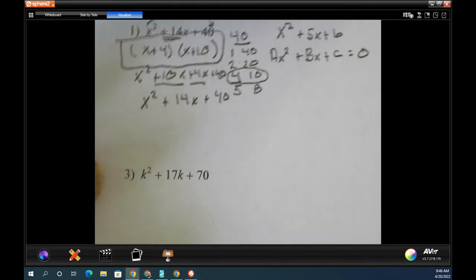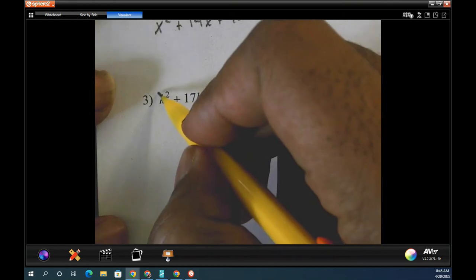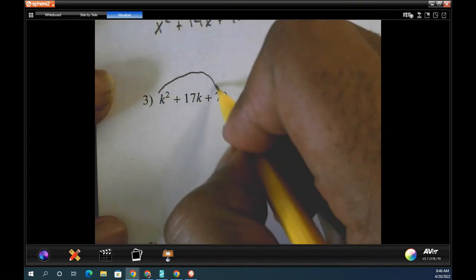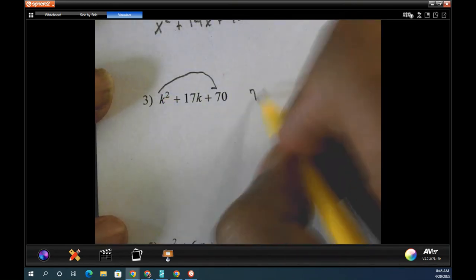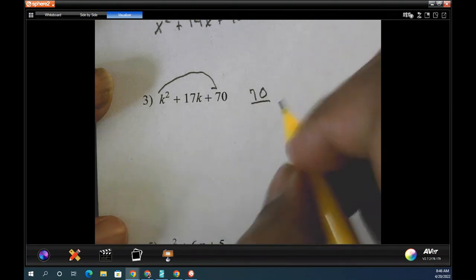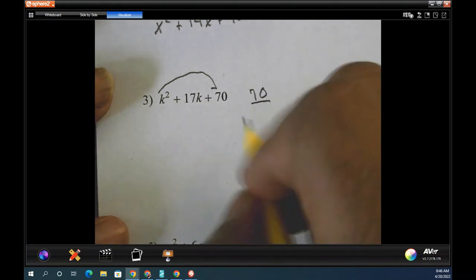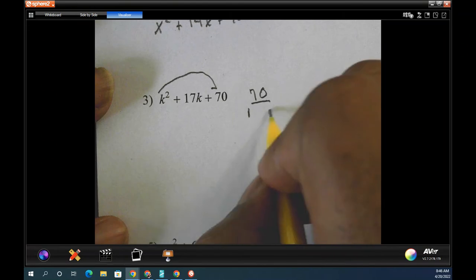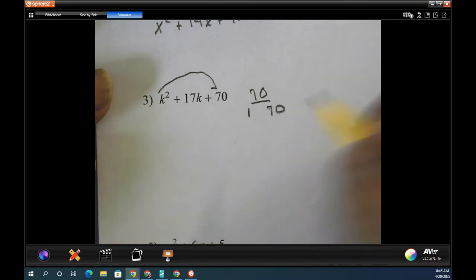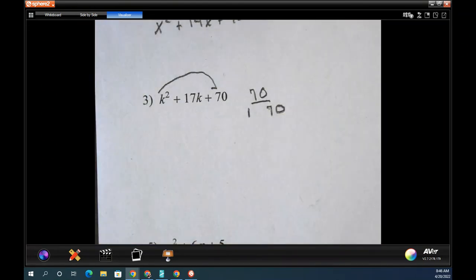Okay, let's look at number 3. The coefficient is 1. 1 times 70. Now, we're going to write the factors of 70. 1 and 70. Now, go to your calculator. Remember, create a new document.